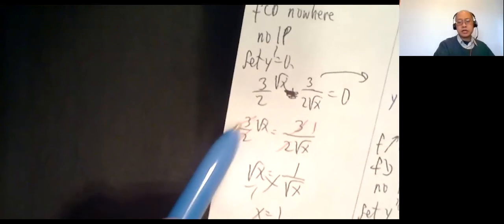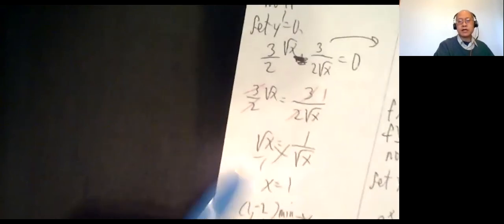Set it equal to 0. That's a minus there. Move that over. You can cross off the 3/2, or just say multiply both sides by 2/3. Gone, gone. Cross multiply. Get radical x equals 1 over radical x. x equals 1. Radical x times radical x is 1, right?